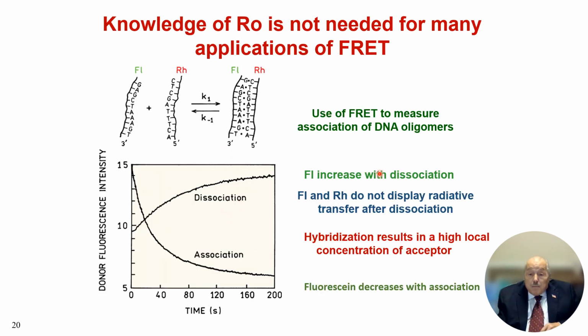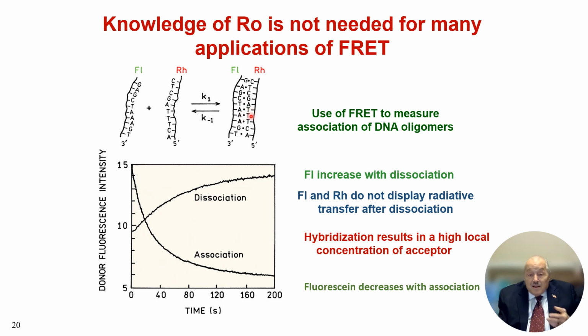There are many experiments where you really don't need to know the R0. Basically all you need to know is how much energy transfer is occurring or not occurring. So here, this is actually quite an old experiment. We have a fluorescein labeled oligo, single-stranded, and a rhodamine labeled oligo, single-stranded. The donor and the acceptor are positioned so they'll be close together when it forms a double helix.